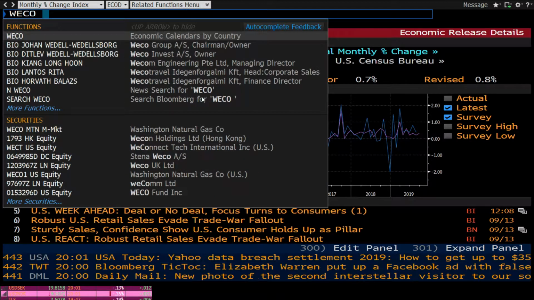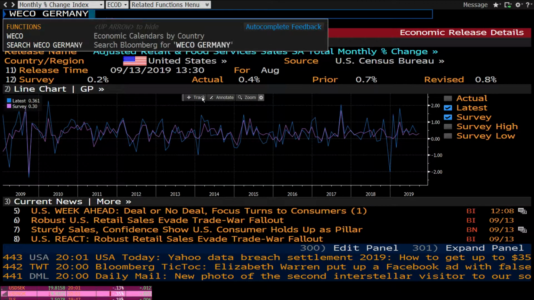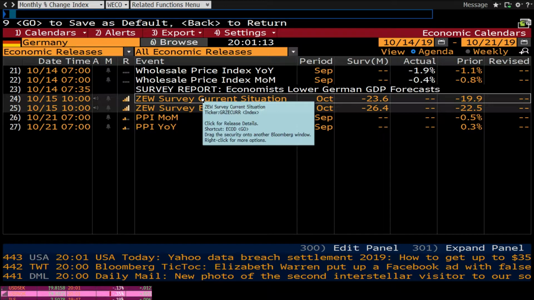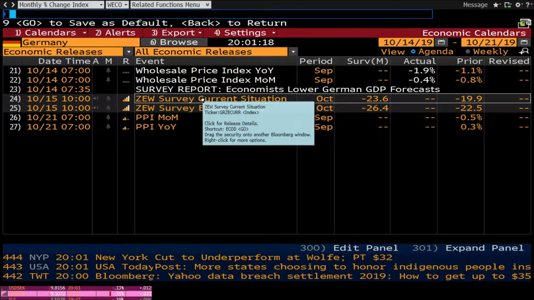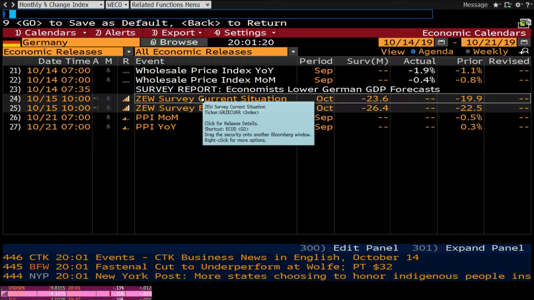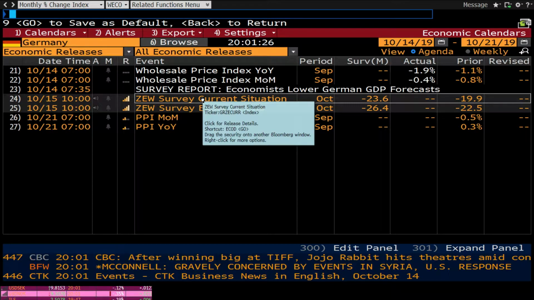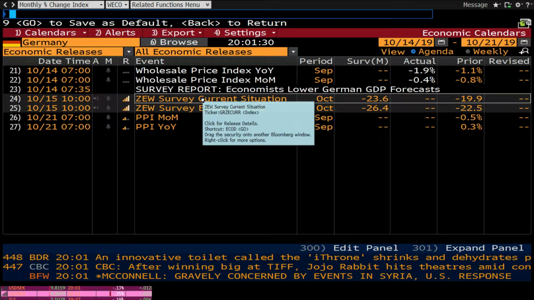If you look at Germany, Tuesday morning we've got the ZEW survey. It's not regarded as strongly as the IFO. The ZEW survey is really a survey of economists, and therefore I would somewhat disregard the data to a certain extent. But the market is looking for some fairly soft readings.